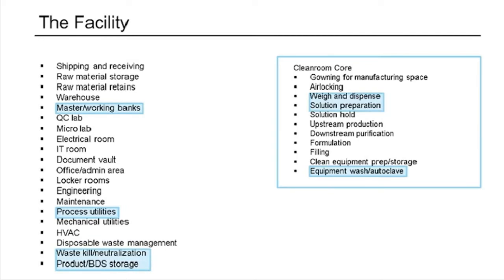For example, if I'm highlighting some of the more impacted spaces, if you're doing an autologous cell therapy, you likely won't have cell banking whatsoever because you're relying on the cells coming in harvested from the patients.